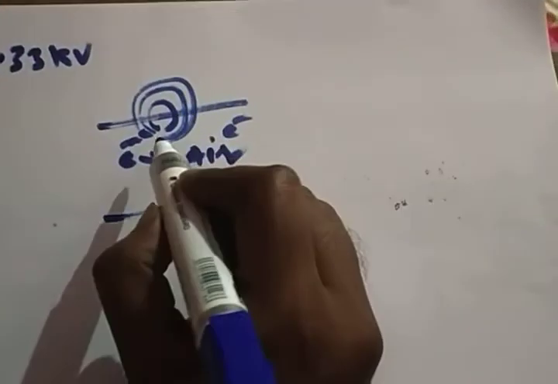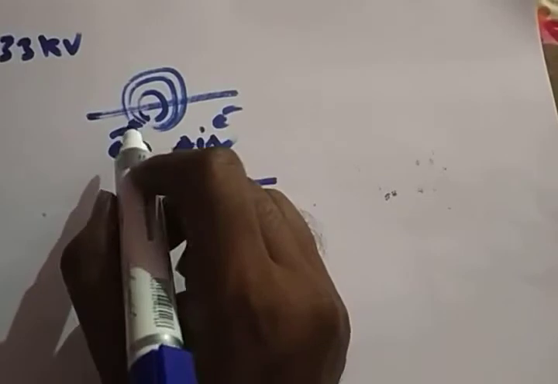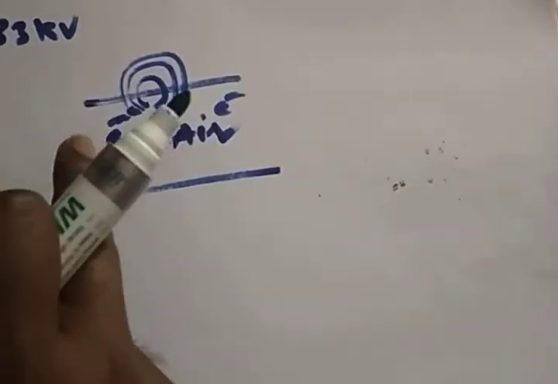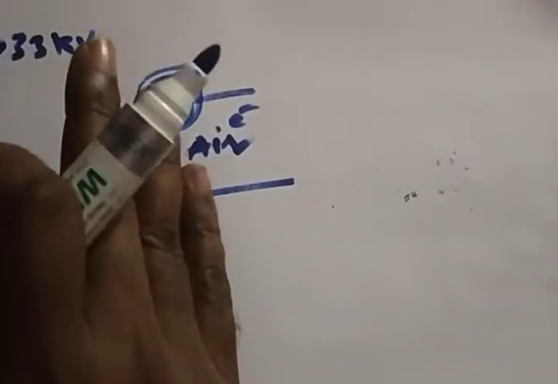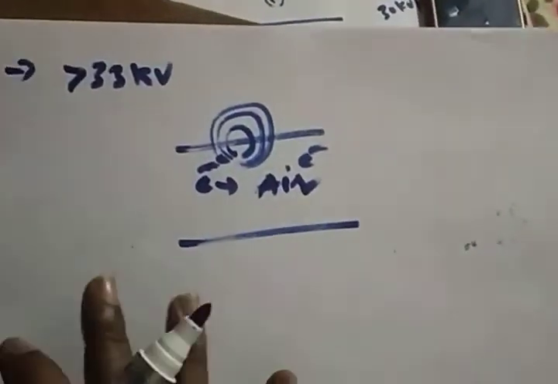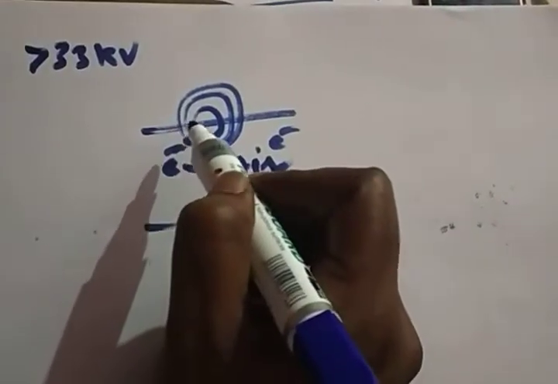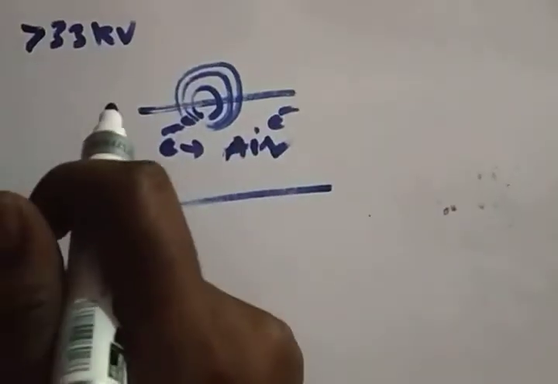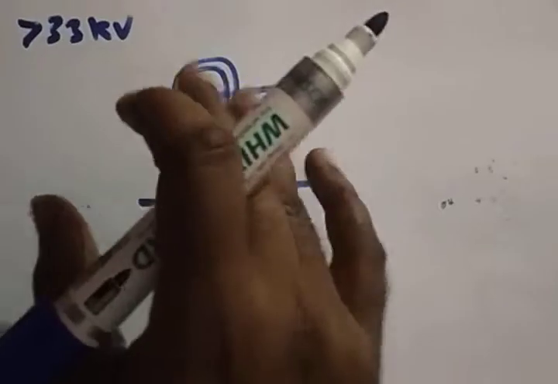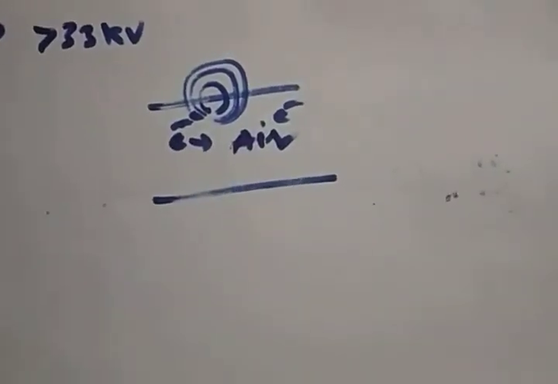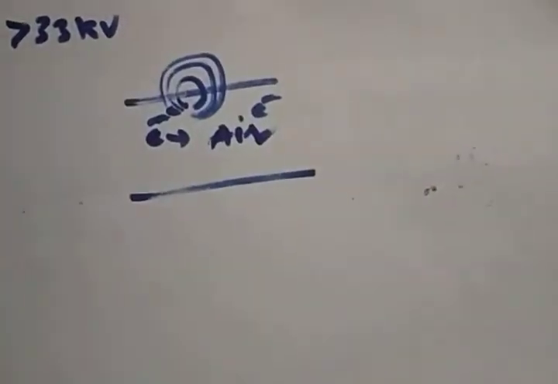How much gradient is required for the free electrons to collide with the molecules? That means the breakdown of air happens. I hope it's clear. That means how much voltage gradient is required to break down the air; up to that voltage, it will act as an insulator.